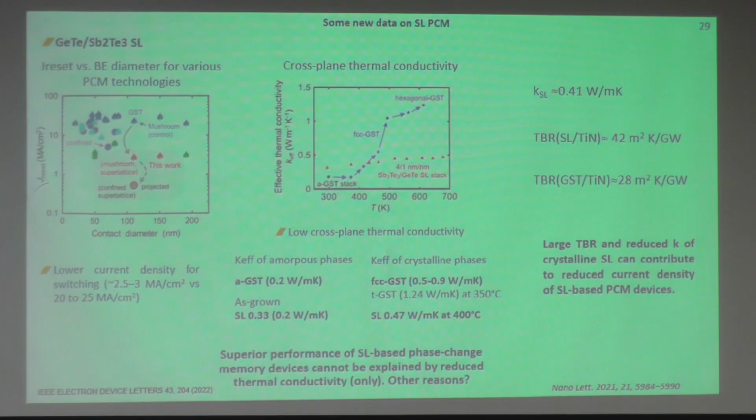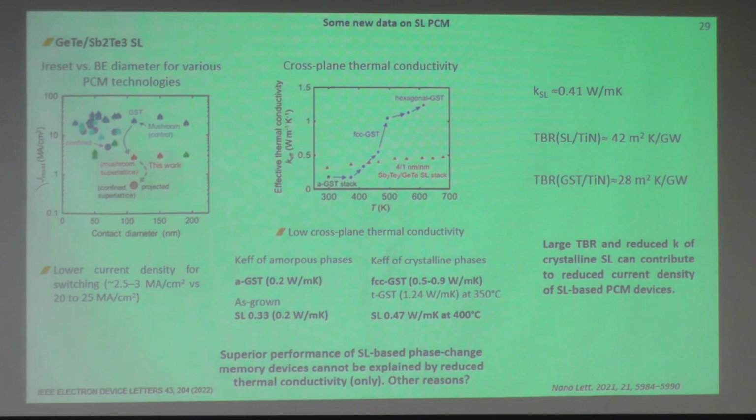So this also means that the thermal boundary resistance of such superlattices is larger compared to GST, maybe a 50% increase. And all of these parameters somehow contribute to the superior performance of such a cell.